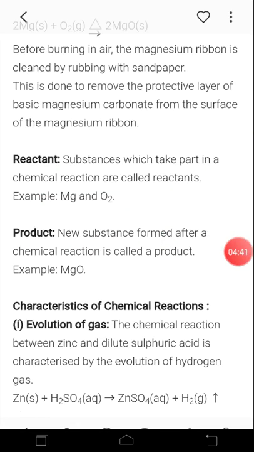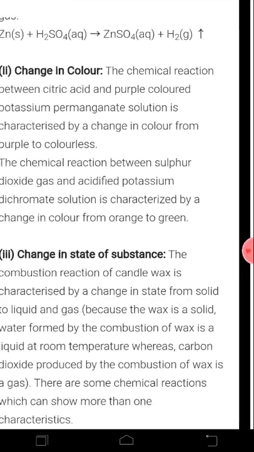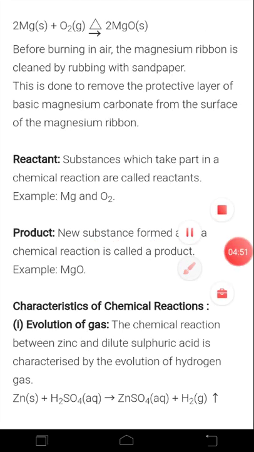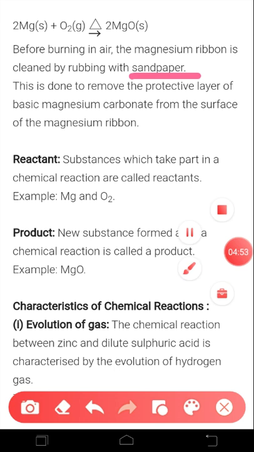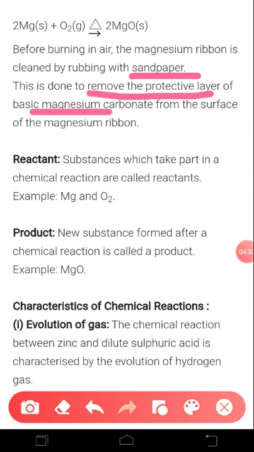This is done to remove the protective layer of basic magnesium carbonate from the surface of the magnesium ribbon.